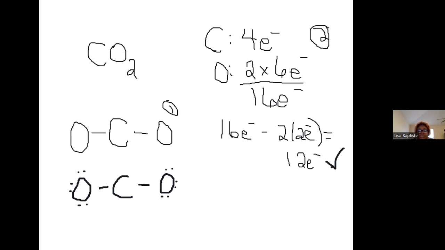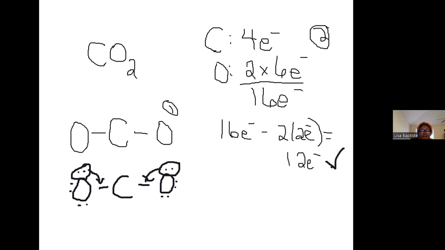And so in order to do this, we need to share some of the electrons from oxygen with carbon. And we're going to do that on both sides. So we're going to share 2 electrons here. We're going to share it and take 2 electrons from here. And we're going to share it because we need a total of 4 electrons, right?